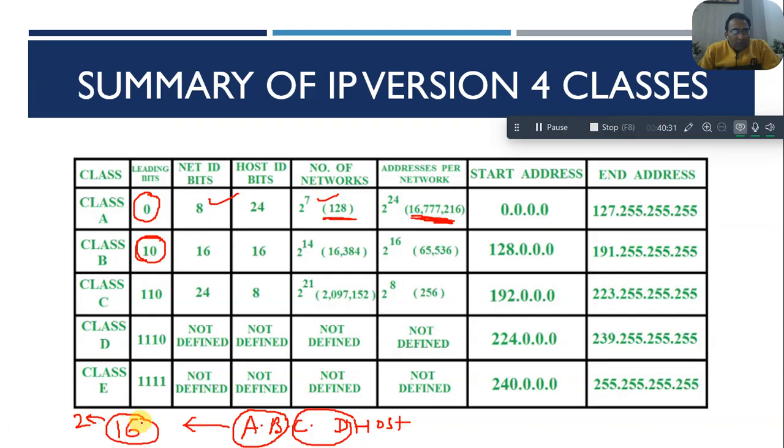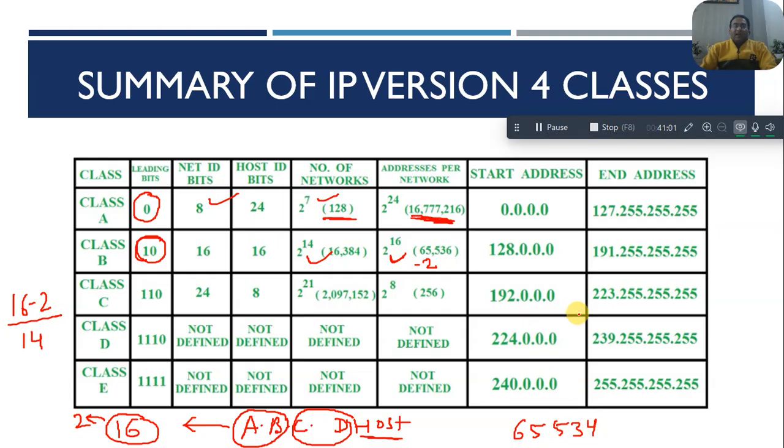So the total remaining bits are 14, that is 16 minus 2. So 2 to the power 14 networks can be there, that is 16,384, and the remaining 16 bits are for the host. So 2 to the power 16 hosts, but we will subtract 2 from this number, so the total number of hosts will be 65,534.